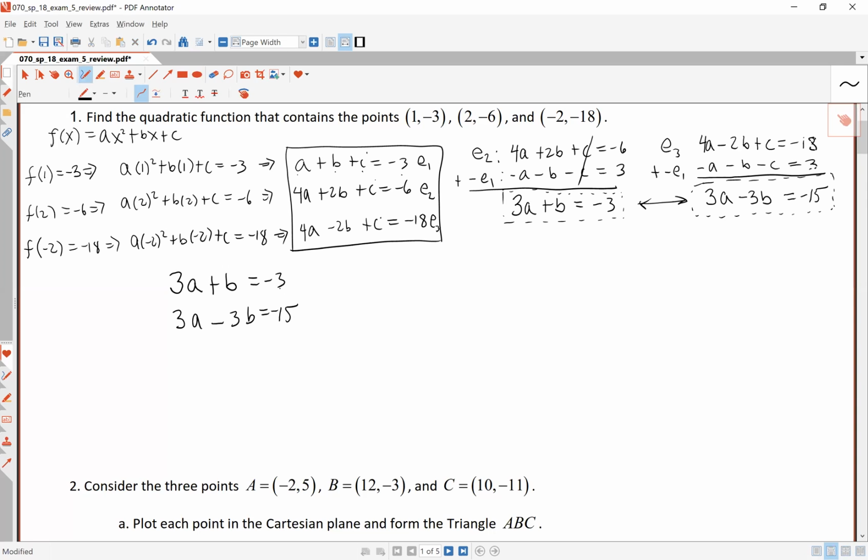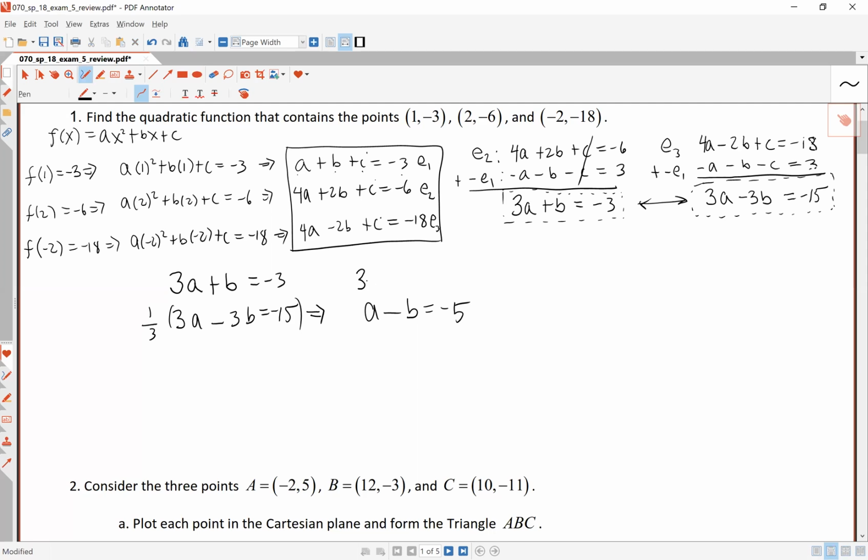Now we solve this one for a and b. My second equation, they're all multiples of 3. So multiply that one through by 1/3 and we'll get a minus b is negative 5.